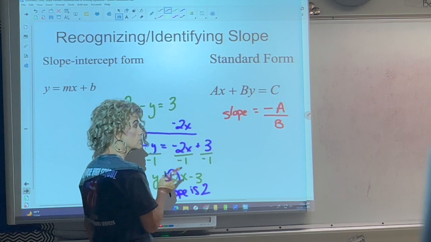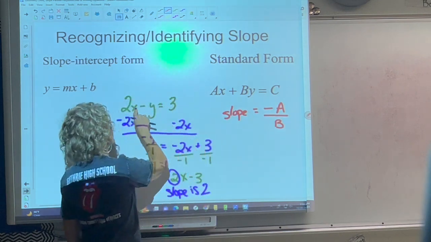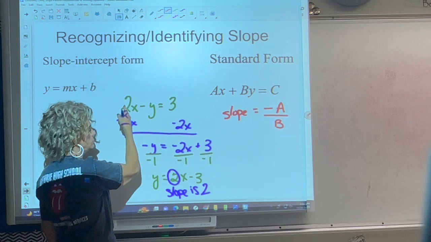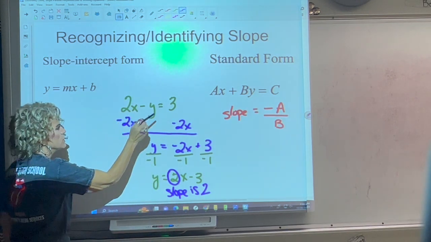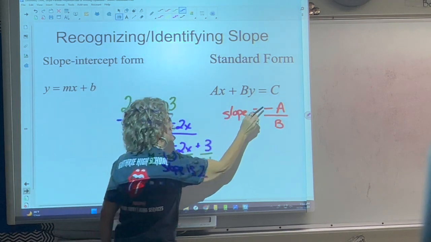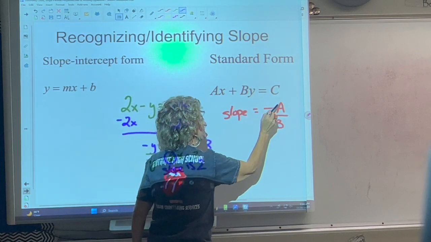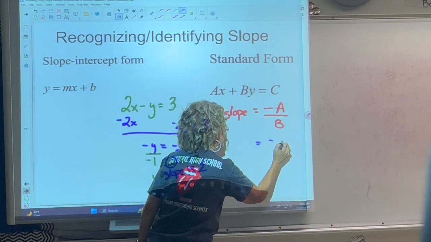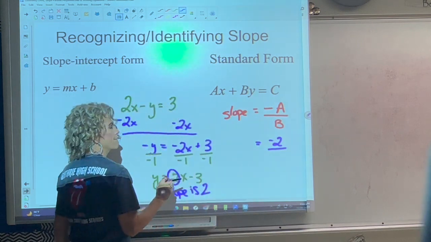All right, so I'm going to test that. My A value right here is 2. Okay, I'm going to write this in blue. My A value is 2. So if my slope is the opposite of A, I want the opposite of 2, so I would get a negative 2 over exactly what B is.